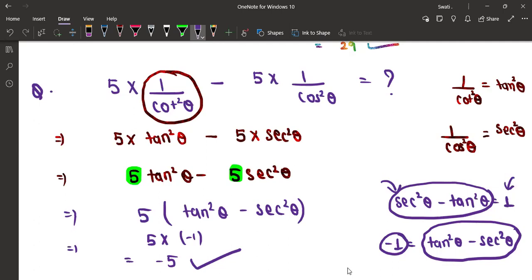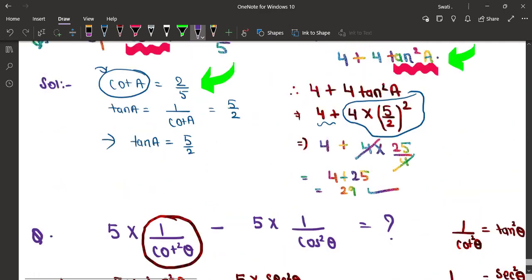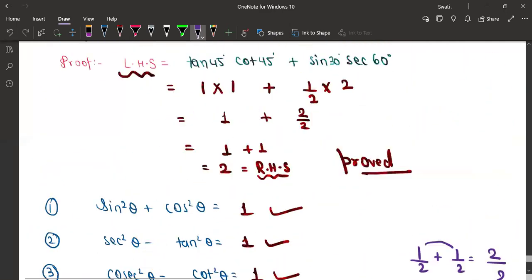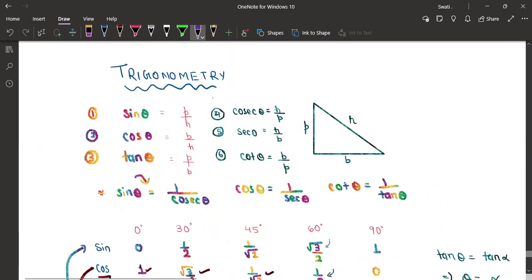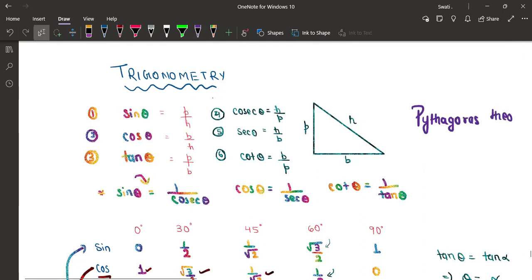Of course you can do more and more questions. Remember that for the questions based on P by H, you also have to use the Pythagoras theorem if something is missing, right? Can you just tell me quickly what was the Pythagoras theorem?